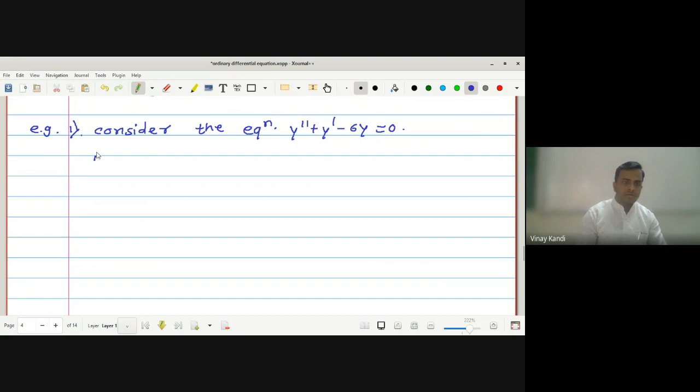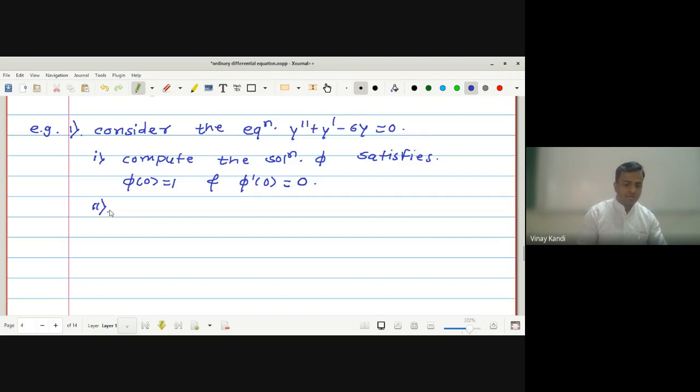First one, compute the solution phi which satisfies phi of 0 is equal to 1 and phi dash of 0 is equal to 0.